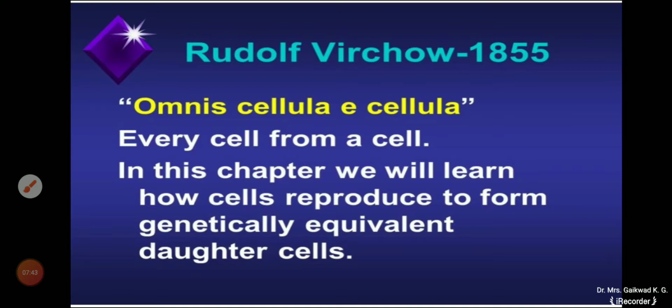In 1855 he gave the cell theory, with the concept omnis cellula e cellula, which means that every cell comes from a cell. So whatever different cells there are, they reproduce to form genetically equivalent daughter cells.